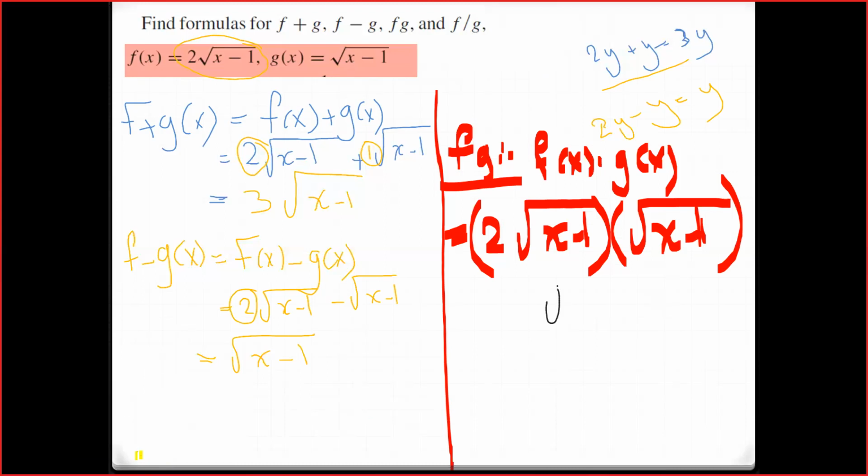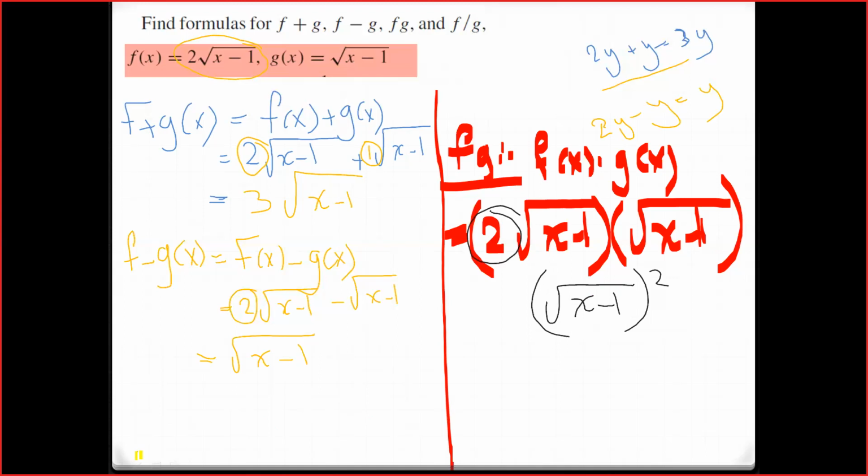It will be square root of x minus 1 squared. But when I say x multiplied by x, is it x squared? And here is the same. Square root of x minus 1 multiplied by square root of x minus 1, the answer is square root of x minus 1 squared.